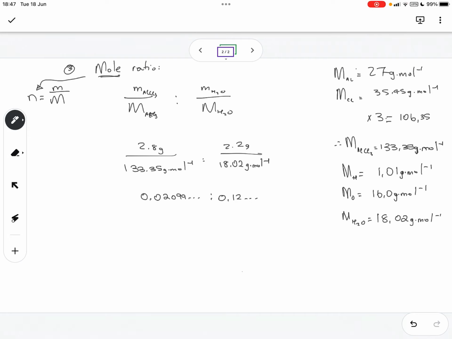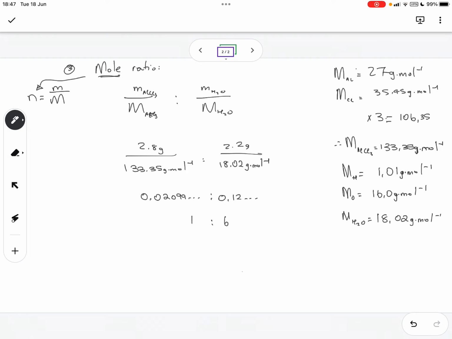So we can convert this ratio to whole numbers by dividing by the smallest amount. So the smallest amount is 0.021. So if we do that, we will get 1 is to 6, roughly.